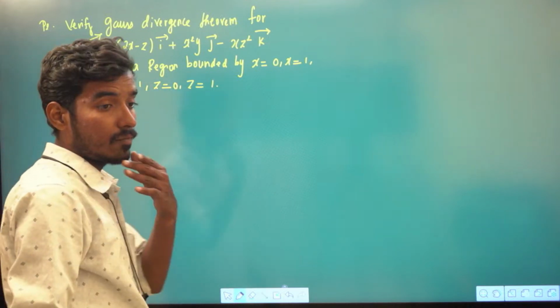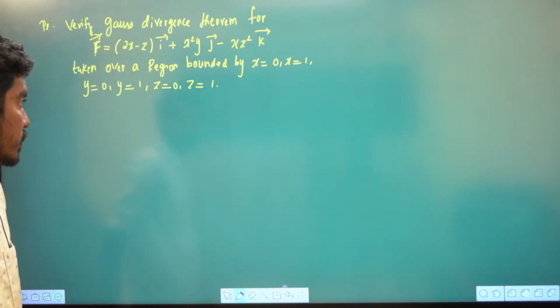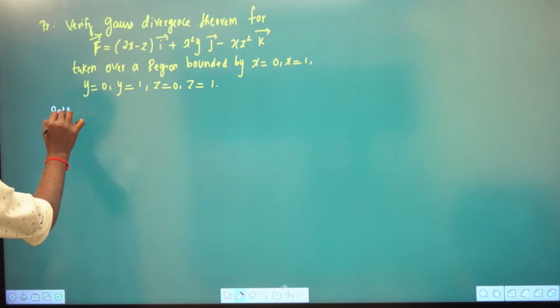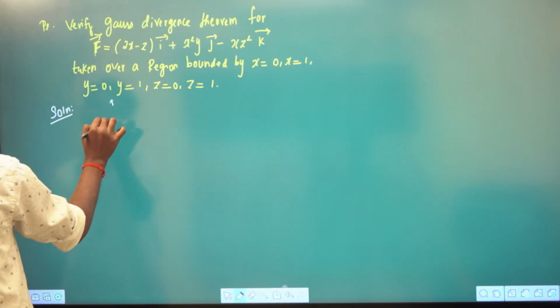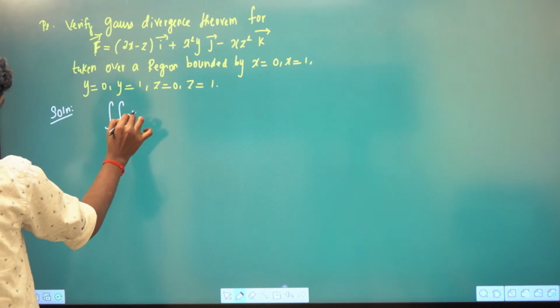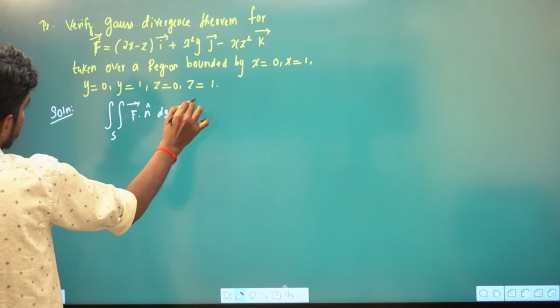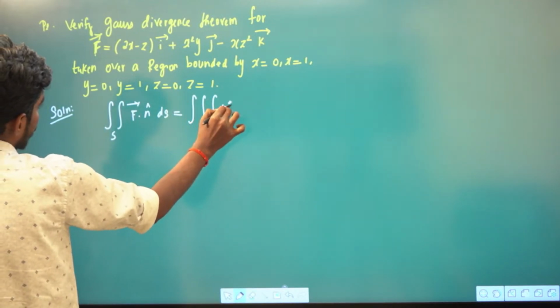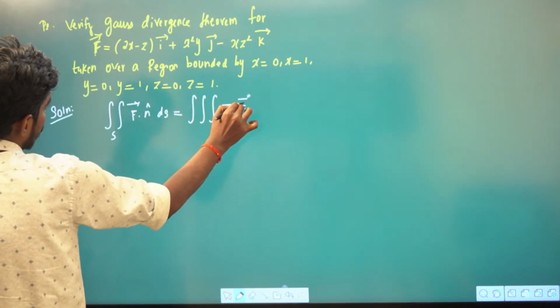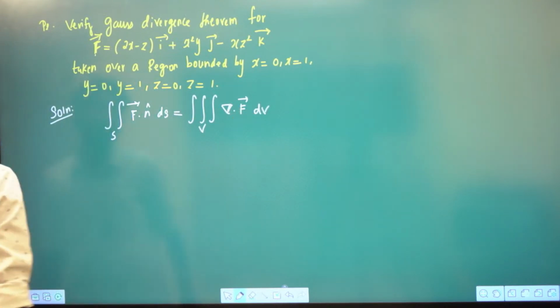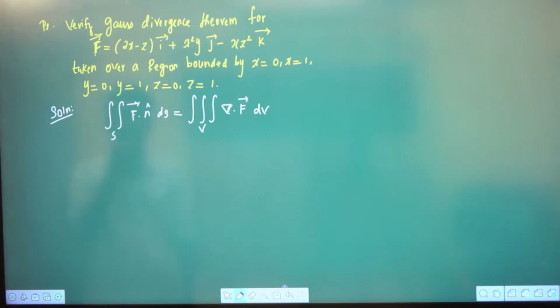Here, all are varying from 0 to 1 only, so it is easy when compared to the previous problem. So we need to verify Gauss divergence theorem: double integral over S of F vector dot n cap dS is the same as triple integral over V of del dot F dV.